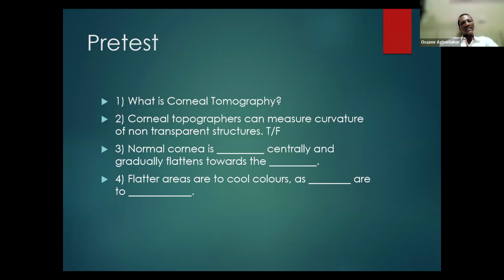So what I explained again about tomography, for those of us that said section, when you say section, it gives you an entire view of that image itself. But for OCT it gives you section by section.